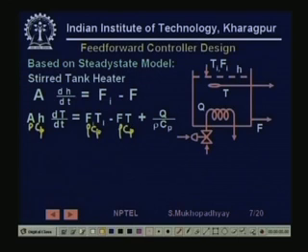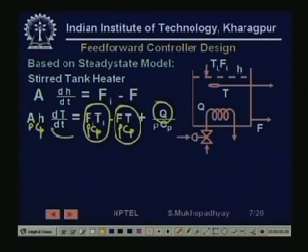So, rho Cp Fi Ti is the input enthalpy of the incoming fluid, and this is the output enthalpy of the outgoing fluid. Whatever is remaining is the additional heat input through this coil. So, this is the net sum of the input minus output that will go towards increasing the temperature of the process. That is very standard.